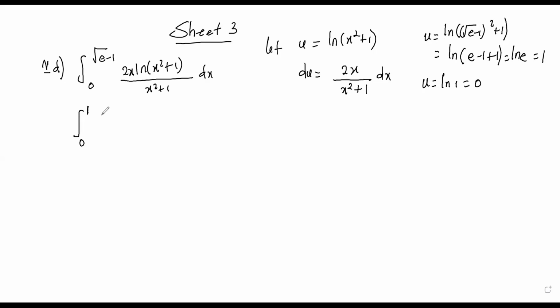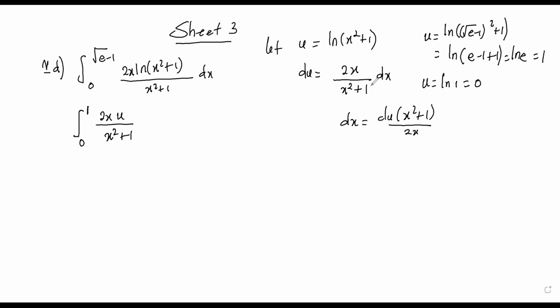And then I have 2x u over, we said u to be that, so now over x squared plus 1. And then I come back here, I'm looking for dx. So it means that my dx is going to be du multiplied by x squared plus 1 over 2x.